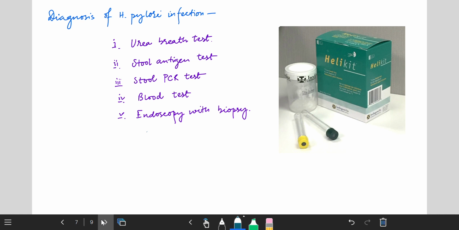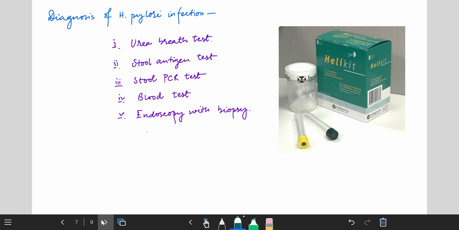If the test is positive, you have H. pylori infection, and if the test is negative, you do not have the H. pylori infection. It is considered the method of choice for checking the presence of H. pylori pre and post therapy.